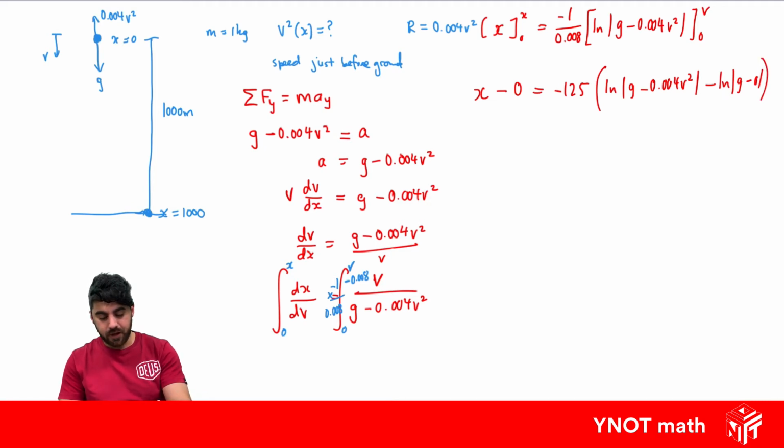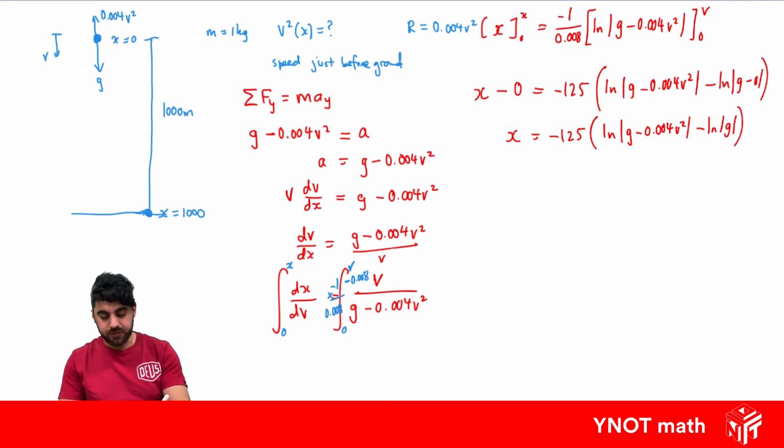Let's tidy this up. So we get x equals minus 125 outside of the natural log of the absolute value of g minus 0.004 v squared minus ln of the absolute value of g.